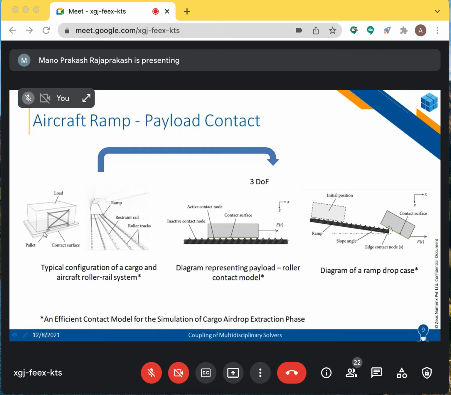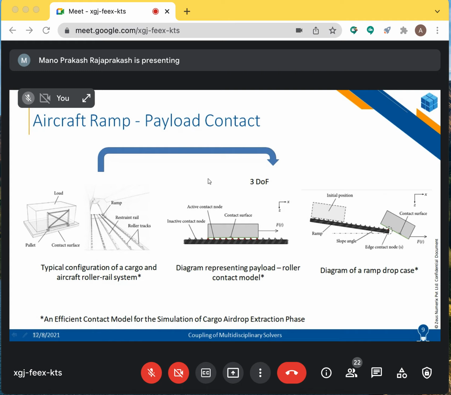One is the payload, and on top of it, there is the pallet, considered as a single object. But usually there is one more layer beneath the payload, called a honeycomb. The honeycomb structure absorbs the shocks when the payload hits the ground. So these three elements put together usually form the payload assembly.